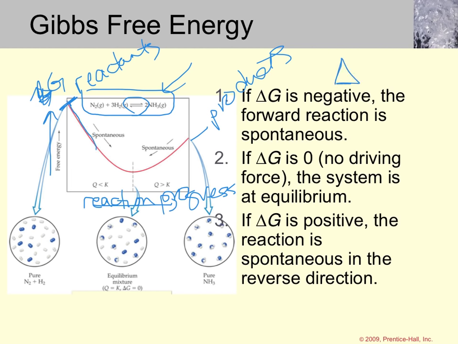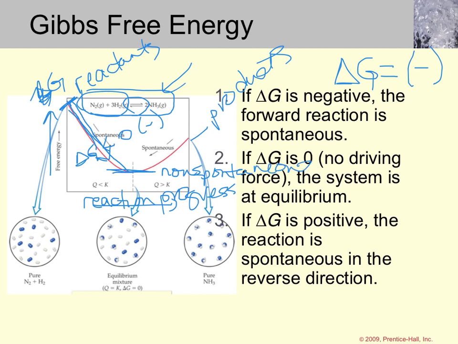That means if delta G is decreasing, the change in free energy is negative. Right here, delta G is less than 0. It's negative. That means it's favorable. So in the beginning, when we combine nitrogen and hydrogen, it's a very favorable reaction. It is spontaneous. It reaches a point right here where it's non-spontaneous, right at the bottom. What happened?